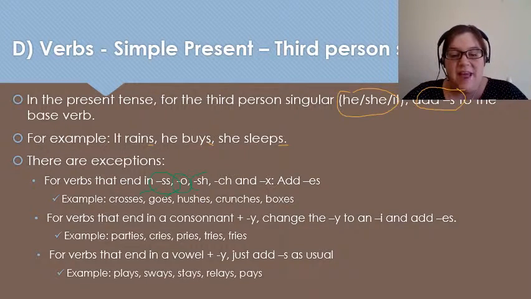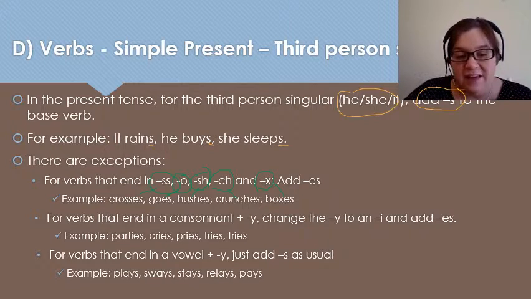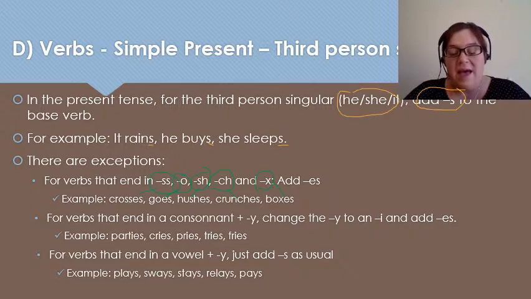If it ends in sh, we add an es. If it ends in ch, we add an es. And finally, if it ends in x, we add an es. So we always add an es for verbs that finish in ss, o, sh, ch, and x.